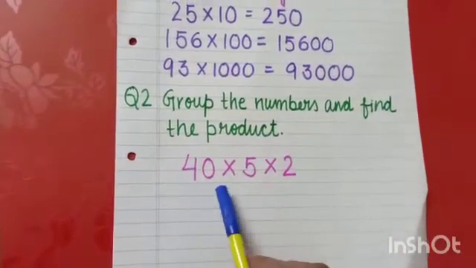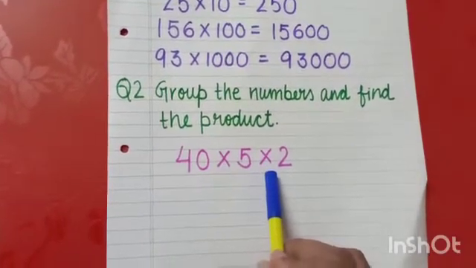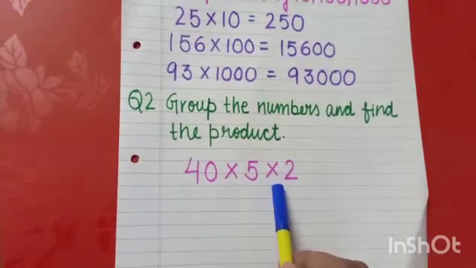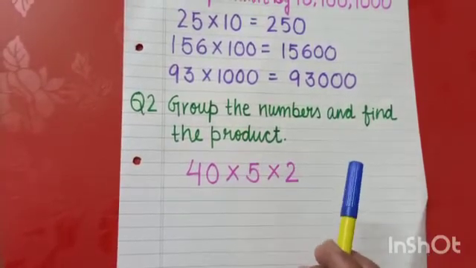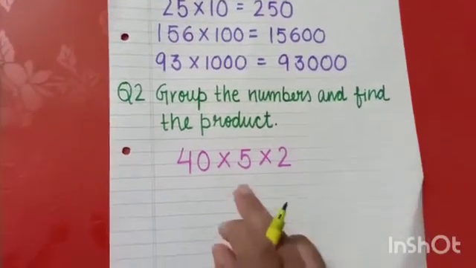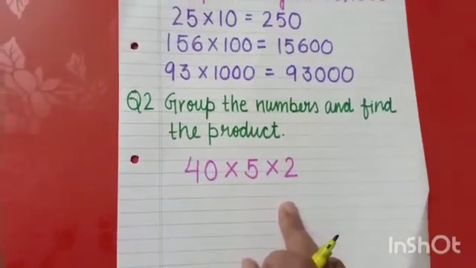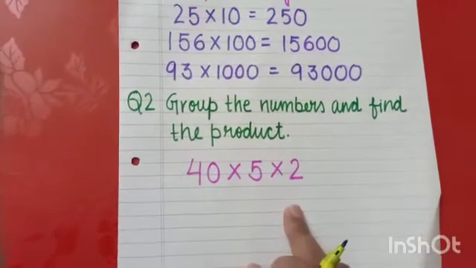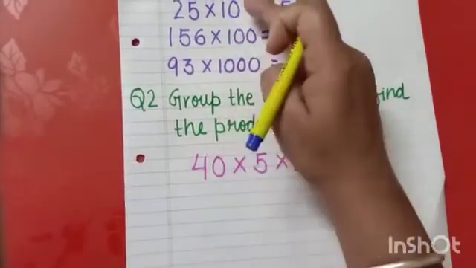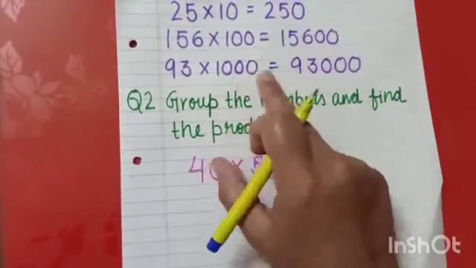When we have more than two numbers, we have to see with which two numbers we can make the multiplication easy. In this question we will group any two numbers with which our answer will become 10, 100 or 1000. As you know, multiplying by 10, 100 and 1000 makes our answer easy.